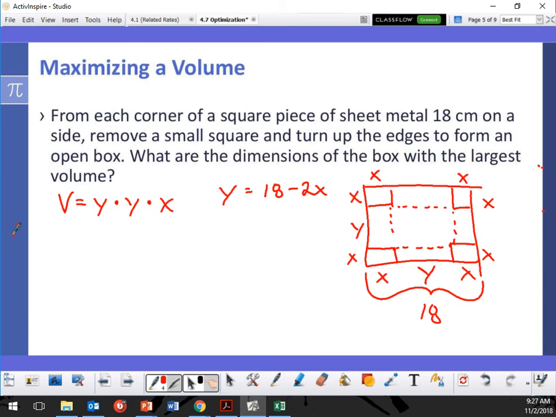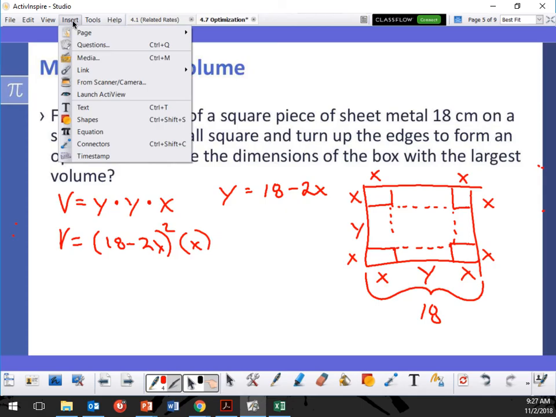So volume is going to be equal to 18 minus 2x, squared, times x, right? Okay, let's go through and distribute this. I'm going to insert another page.